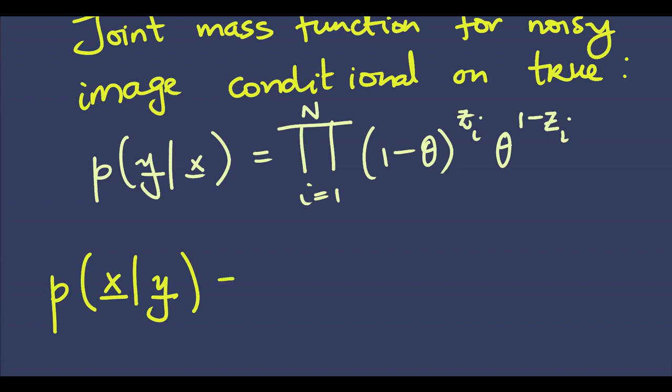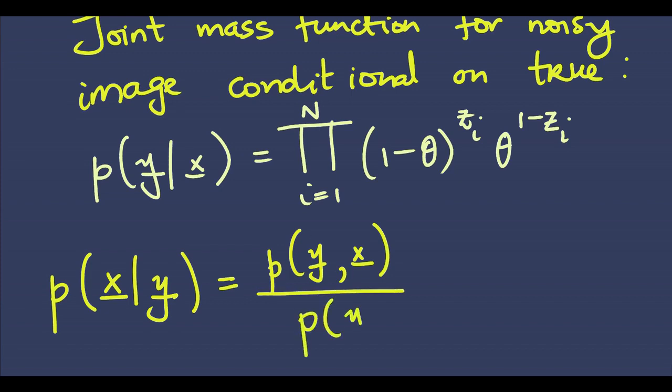That's going to be equal to the joint of y and x, making reference here to the completed likelihood that we saw in chapter 2, divided by the distribution of y having marginalized over all of the x's.